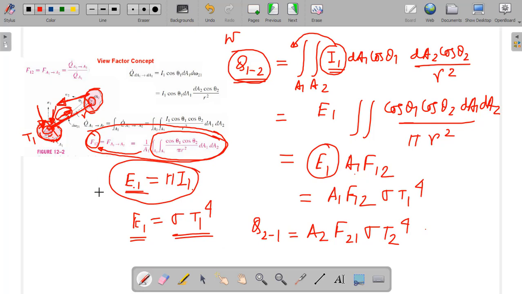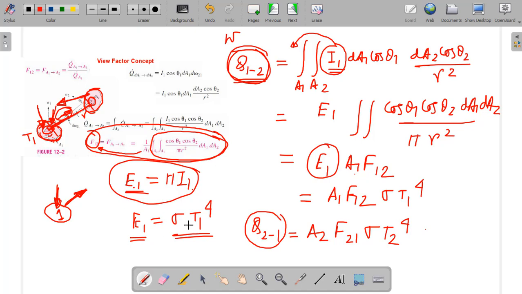Now if you consider only surface 1, and we are interested to know the net radiation that is coming out, net radiation means what is coming out minus what is going in. So what is coming out, we have already calculated as Q12, and what is falling on this surface is Q21.